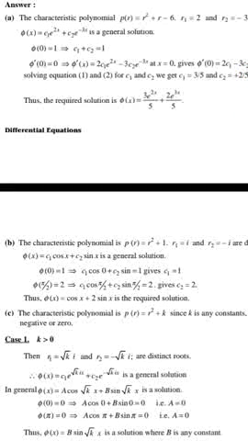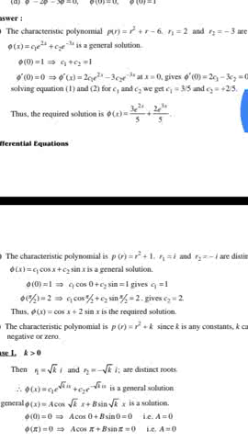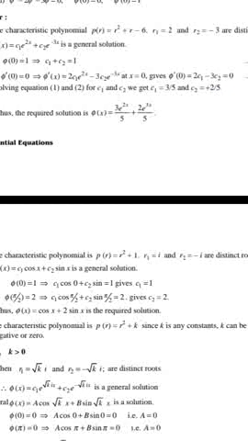and phi dash of 0 is equal to 0. That is, phi dash of x is equal to 2 c1 e raised to 2x minus 3 c2 e raised to minus 3x. At x equal to 0, phi dash of 0 is equal to 2c1 minus 3c2 is equal to 0.